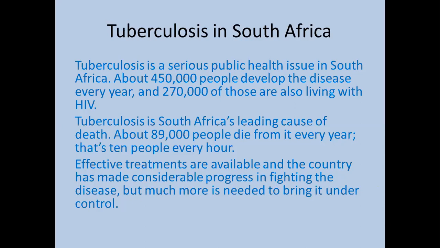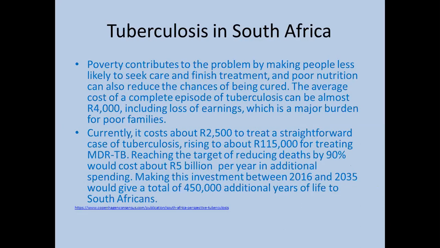Now, there are effective treatments available, and the government has put a lot of money into fighting the disease, but it needs a lot more. And one of the problems is that poverty contributes to the problem by making people less likely to seek care and to finish treatment.